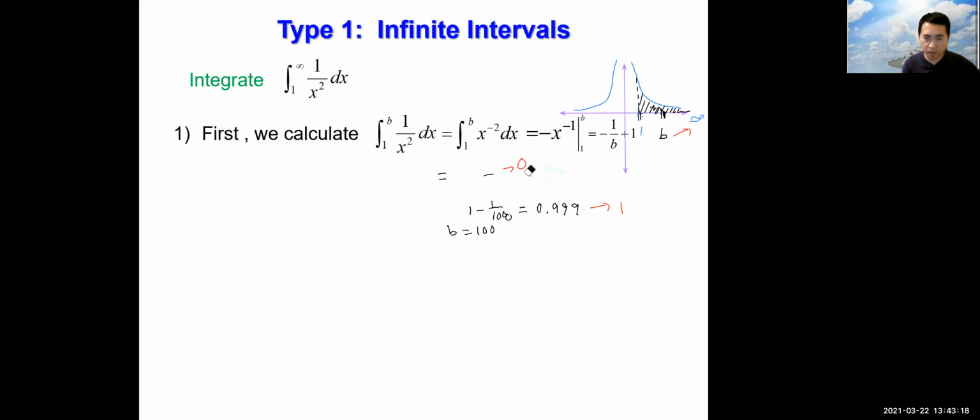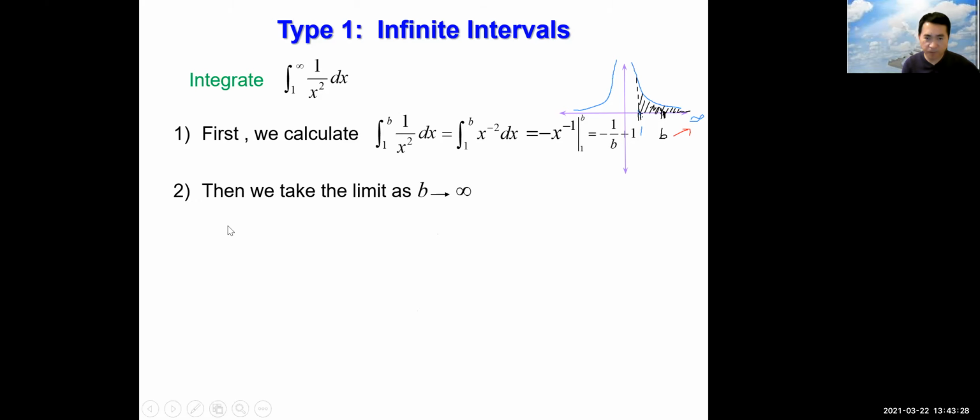So the second step is to take the limit as b approaches infinity, and now this integral is replaced with this integral limit b approaching infinity.